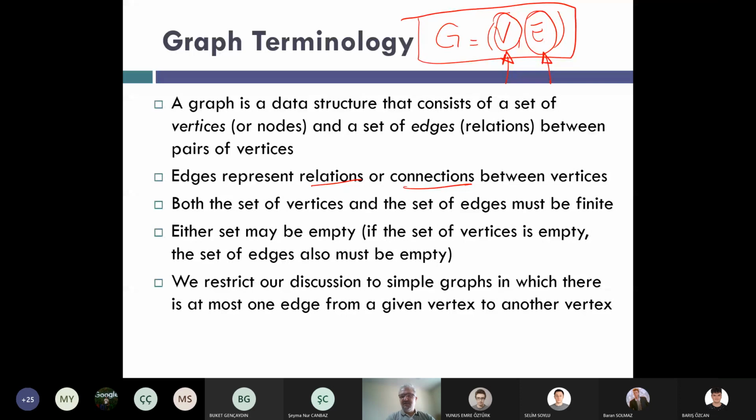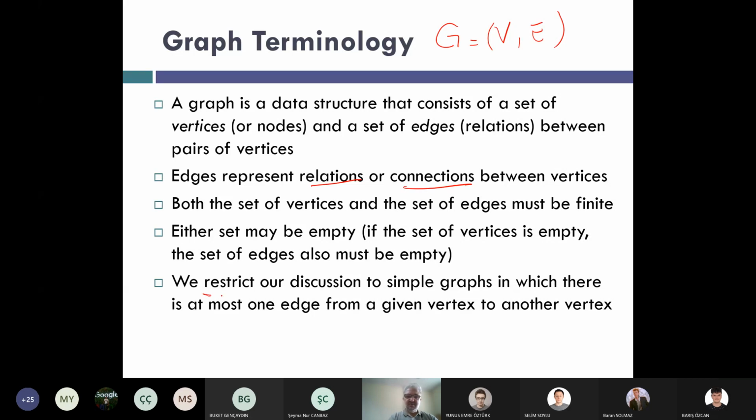But even if the vertex set is not empty, we may have an empty edge set. In that case, all the vertices have no relation between them. So we can have such graphs as well. Even if sometimes it is not so useful, we can still have that kind of graph.